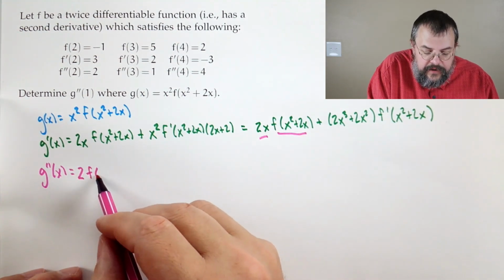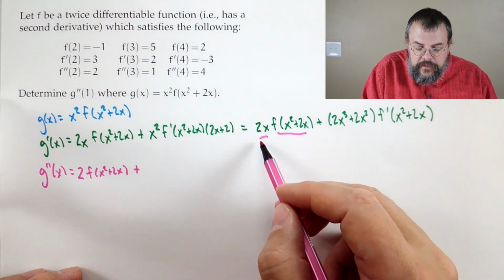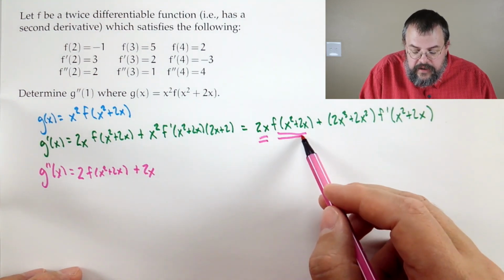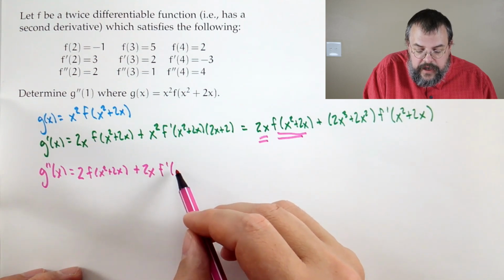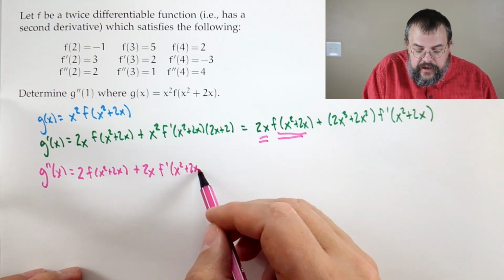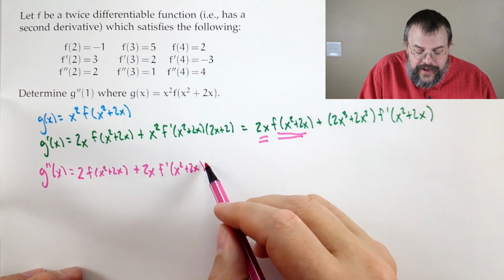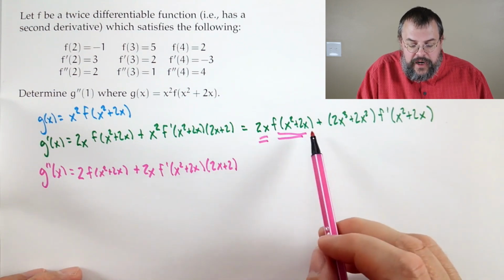So f of x squared plus 2x plus the first, 2x, times the derivative of the second. So chain rule. So take the derivative f prime of x squared plus 2x, and don't forget, times the derivative of the inside. So times a 2x plus 2. Okay, so we did the product rule, chain rule.